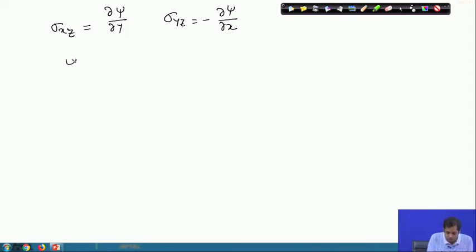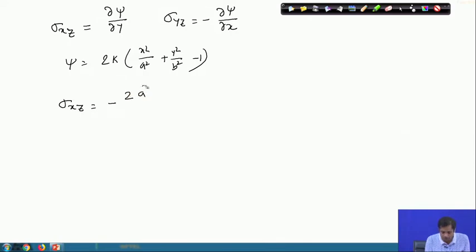Now, psi is again the same: 2k times x square by a square plus y square by b square minus 1, and we already determined the expression for k. If we substitute the expression of psi in these stresses, finally we get sigma xz equal to minus 2 a square mu alpha divided by a square plus b square into y.